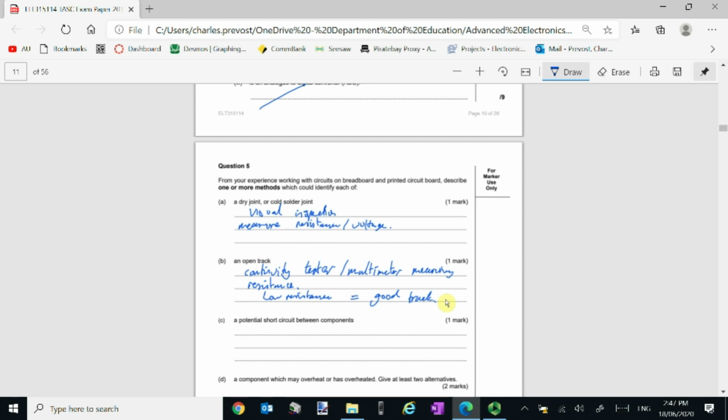A high resistance, so anything more than about 10 ohms is probably going to have a problem with the track. A potential short circuit between the components, we can visually inspect it. Or we can also measure resistance. So low resistance in this case would mean a short circuit.